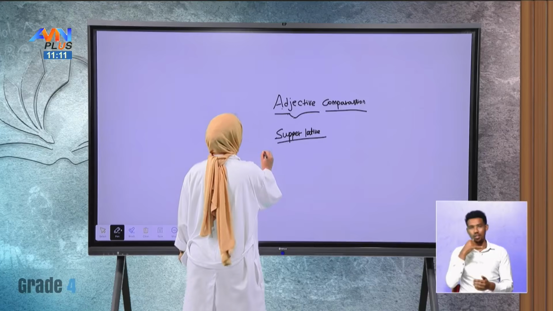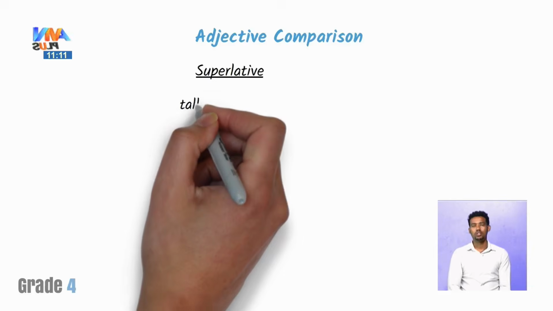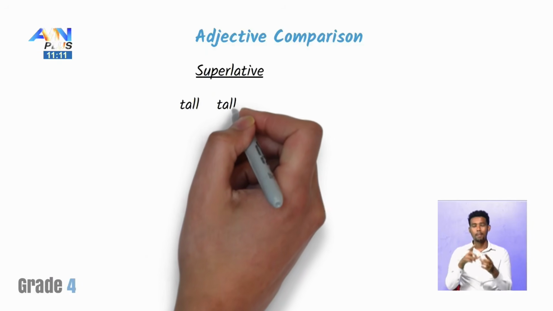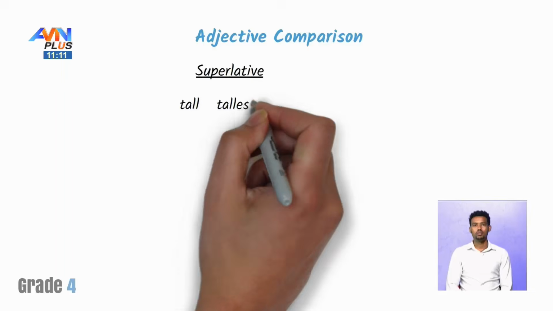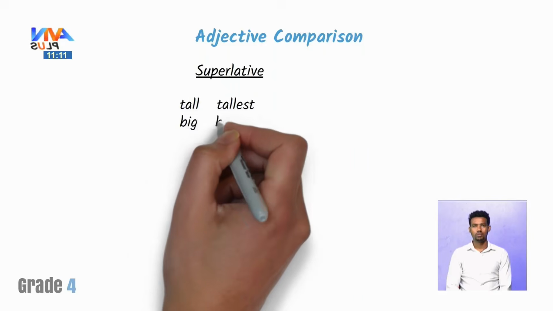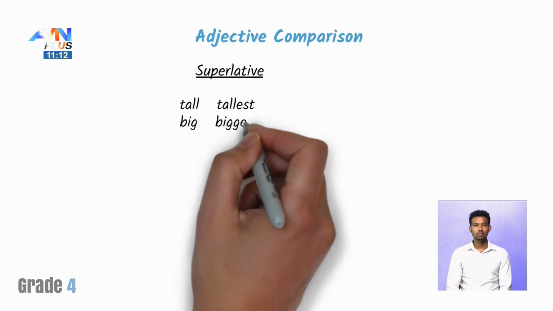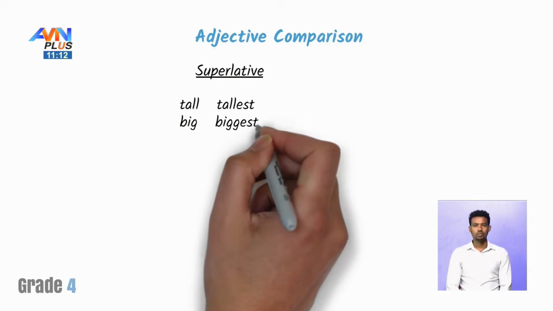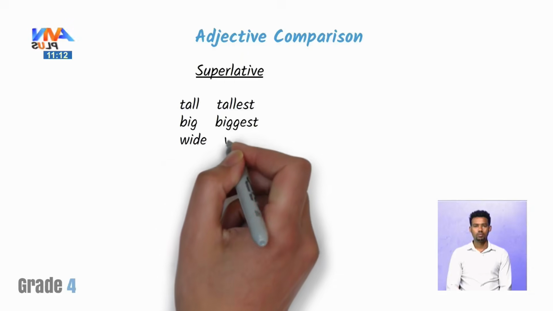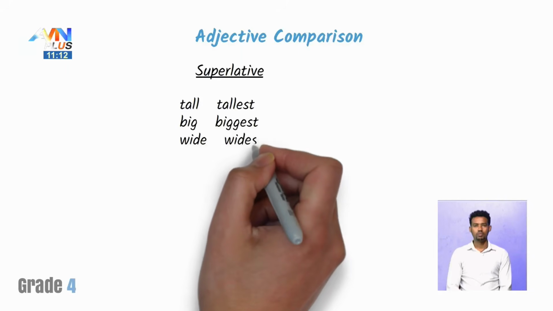For example, tall, tallest. Big, biggest. Wide, widest.